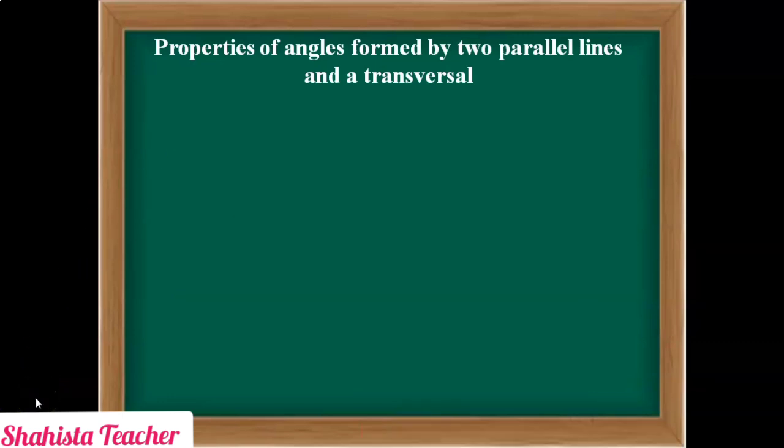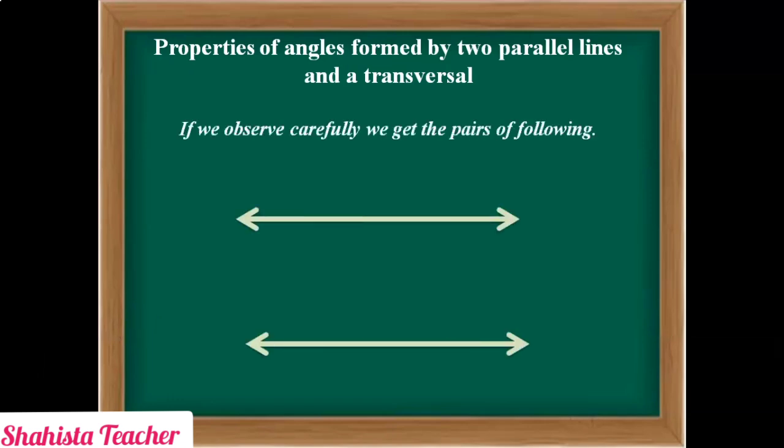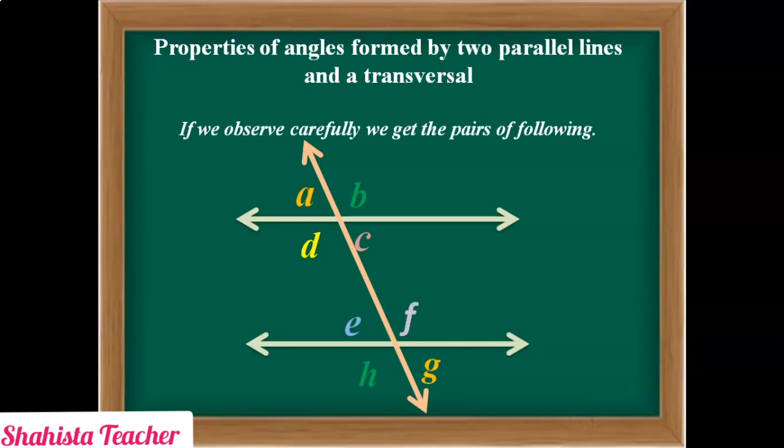Now students, observe the following angles carefully. If we observe carefully, we get the following pairs of angles. Here we have the parallel lines, the transversal line, and these are the measure angles. Now angle A is congruent with angle G and angle B is congruent with angle H. This happens when the angles are exterior alternate angles.